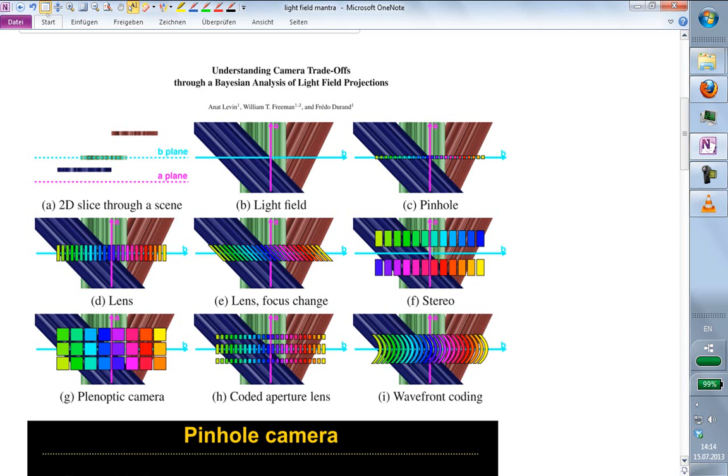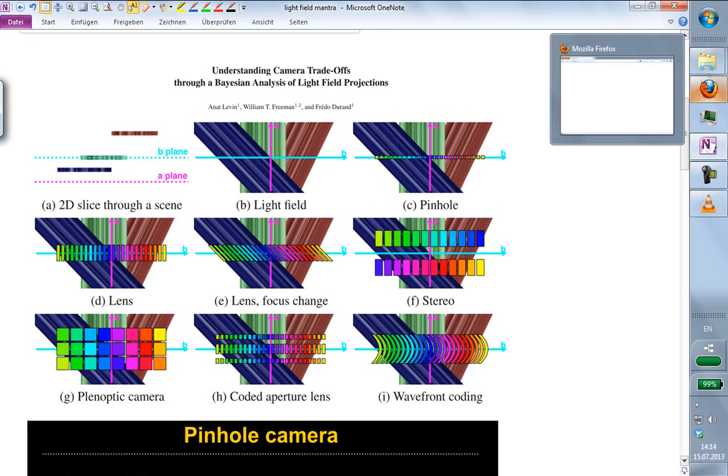So the essential difference is the following: in a normal photography, we just count how much light arrives at a single pixel, and we record the color also. Whereas in a light field, we want to know how much light and where does it come from. So we need to parameterize this extra degree of freedom.